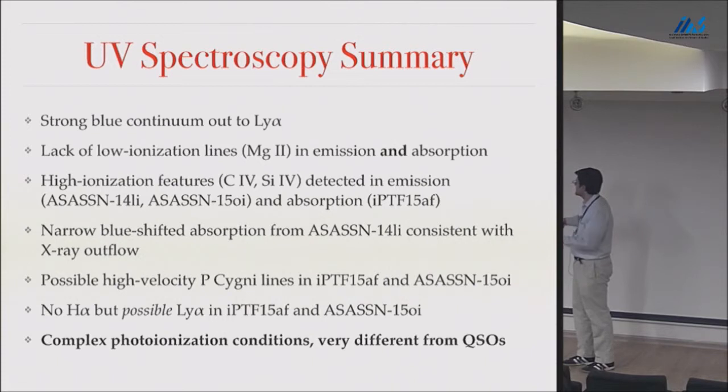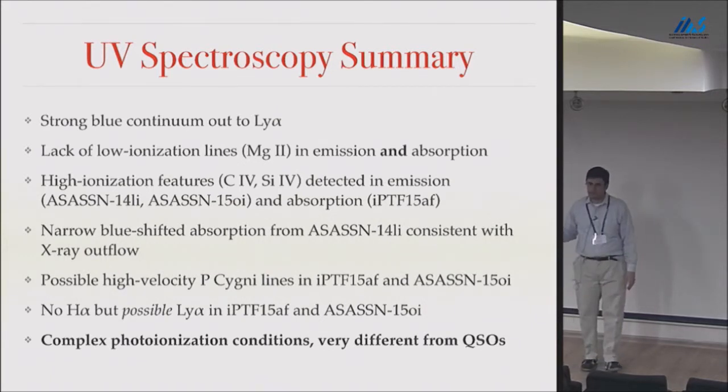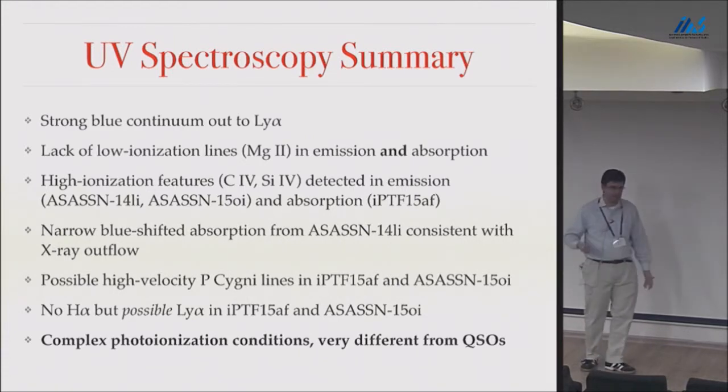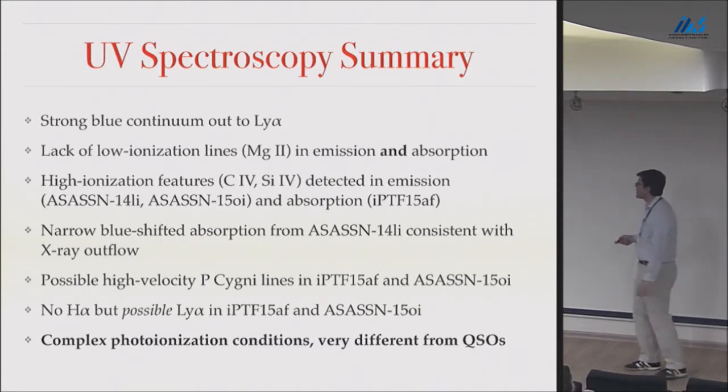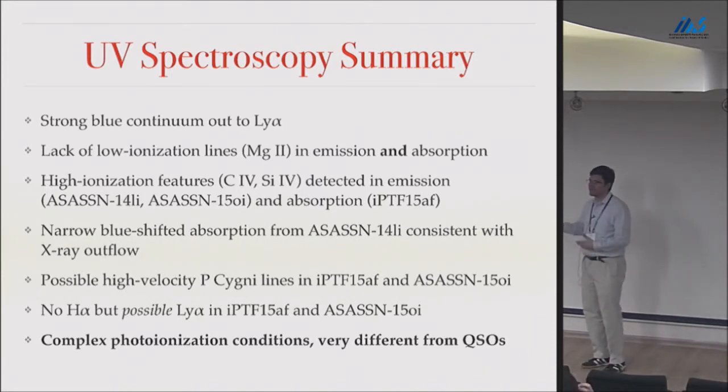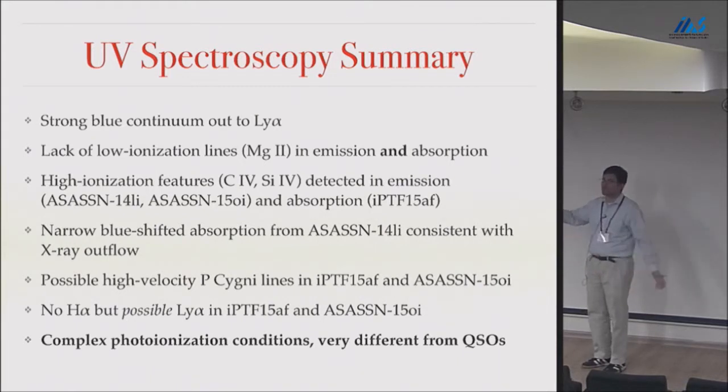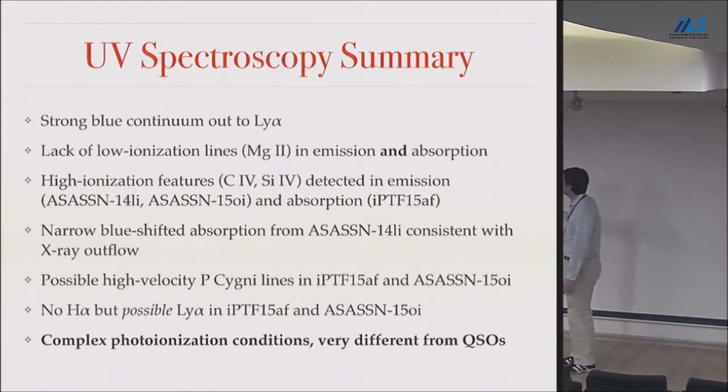And there's possible detection of Lyman alpha emission in two of these sources that don't show H alpha emission. This could be one way to distinguish the helium core versus hydrogen envelope question: looking for Lyman alpha. Unfortunately, there are lots of other features going on at those wavelengths.